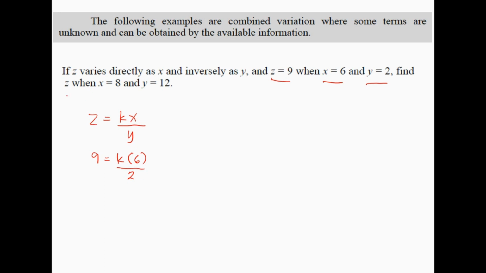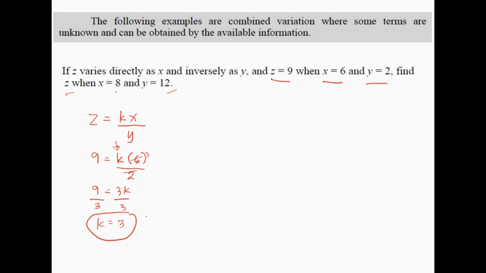Find z when x is 8 and y is 12. So, to get z, let us first find the value of k. Substitute first so it is faster to solve. So, 6 divided by 2 is 3. So, we have already 3k equals 9. So, divide both sides by 3. K is equal to 3.